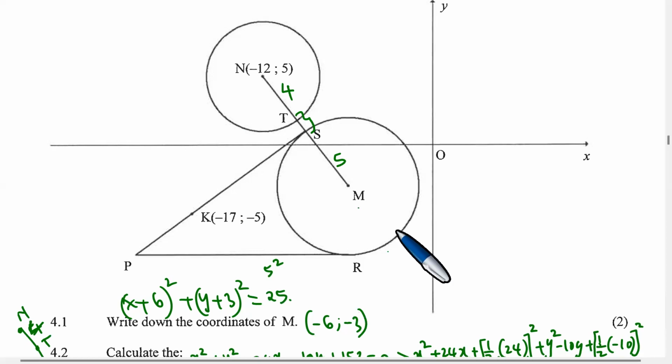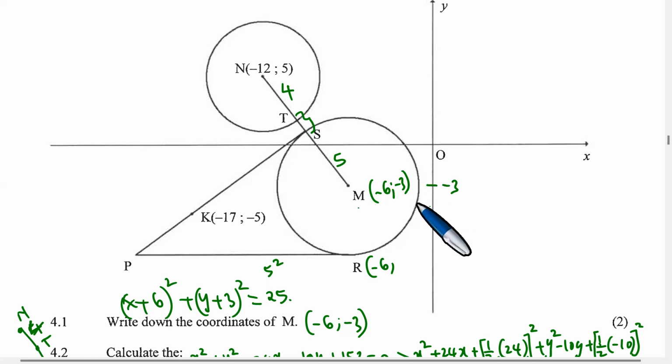Right, so you can easily find the coordinates of the point R. What are the coordinates of the point R? You already know the coordinates of M. The coordinates of M are -6 together with -3. Okay, and that gives you an X, and the X here is -6. And the Y is -3 here.